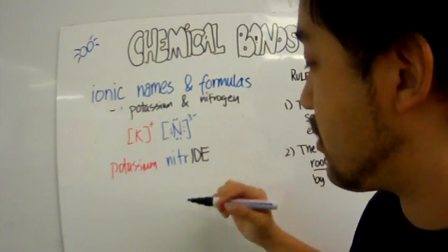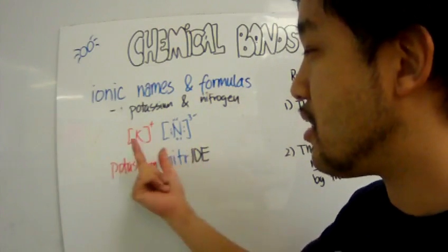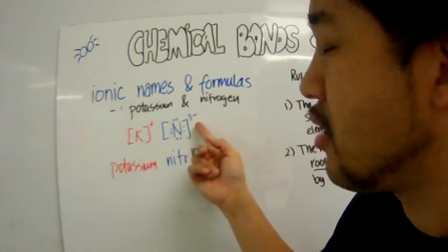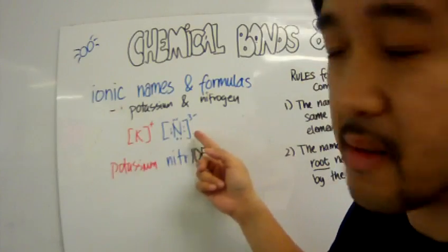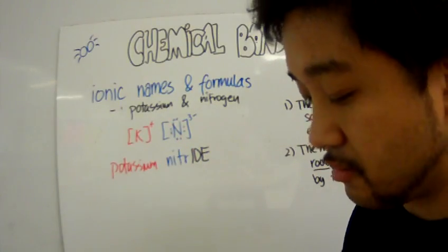So the name of this thing is called potassium nitride. Now notice that the charge for potassium and the charge for nitride are not equal. All right, they are not equal.